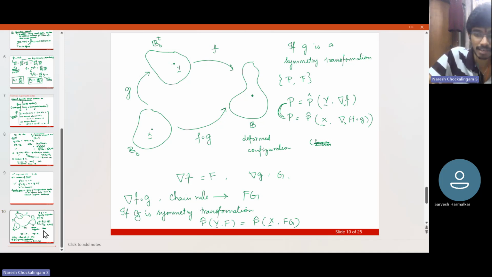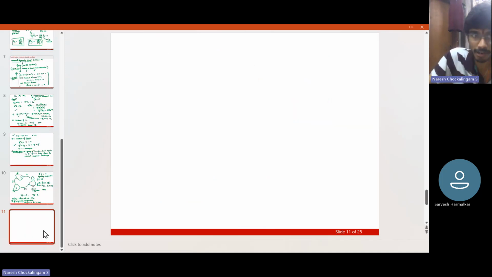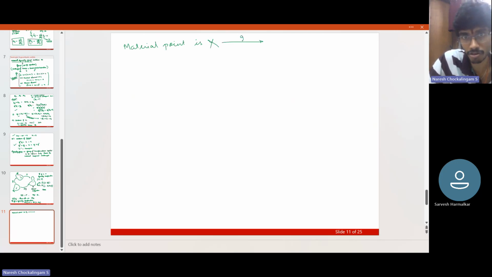But if you see carefully, the material point itself is not changing. Sorry, the material point is X. Under the operation of G, it goes to Y. And under the operation of F, it goes to F of Y comma T.